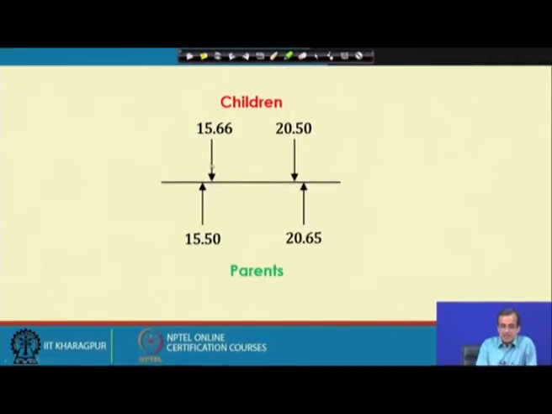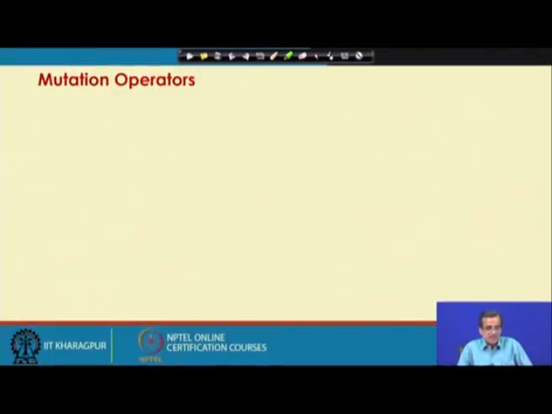The difference between the two children will be less than the difference between the two parents, because alpha prime is found to be 0.94, which is less than 1, and that is why the two children solutions are lying within the two parent solutions. So, this is the way we can calculate the children solution starting from the parents using the principle of simulated binary crossover, that is SBX.